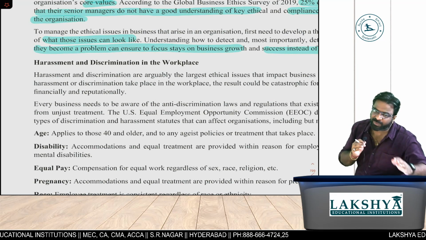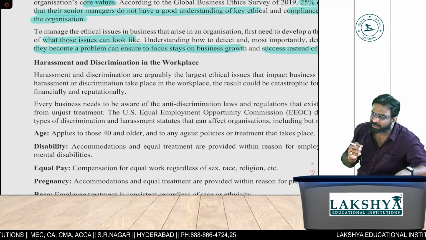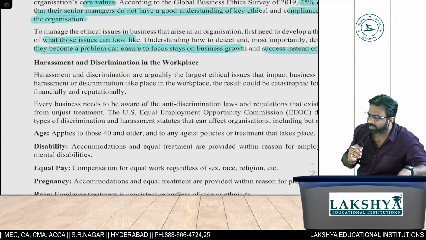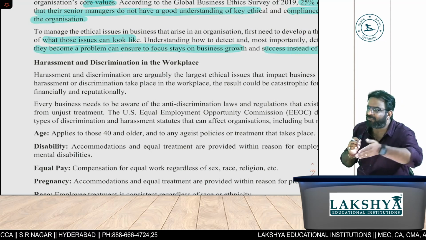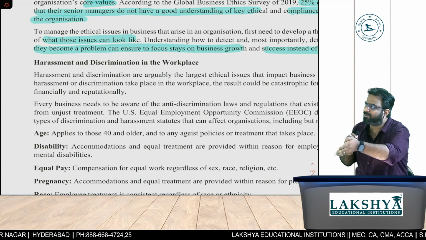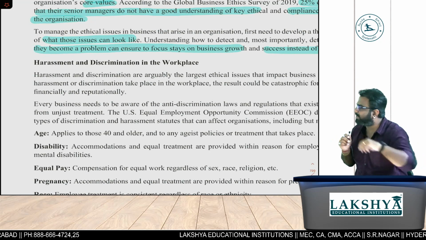And after getting married, the male has no role to play, or he will not get involved in the family or with the children. It's an equal participation. So this kind of discrimination is allowed or disallowed? Should be disallowed. But these are the various issues which you generally see in the organization.